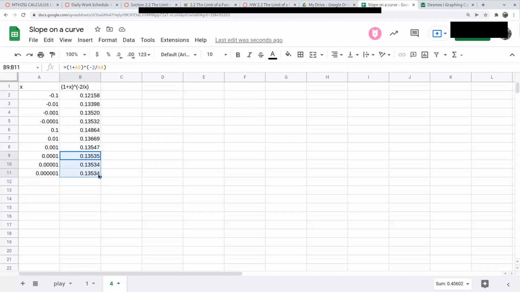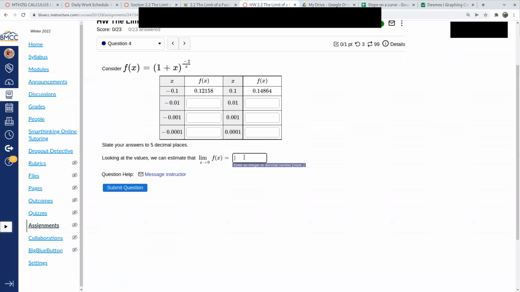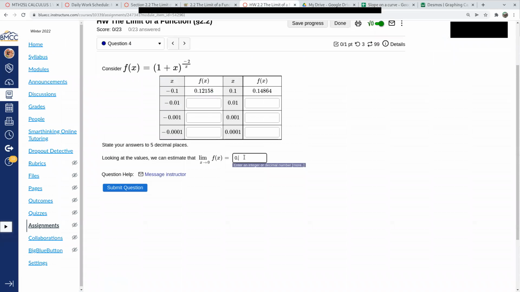I don't recognize that number, right? It's not like 3.14. Oh, that's pi, right? But this might be some special number, and we'll look at that later in the course. But for now, we're just going to say it's about 0.13534. That is what I think the limit is. Don't forget to fill in your values here, here, and here.